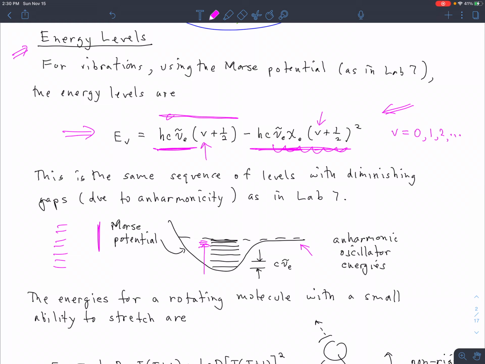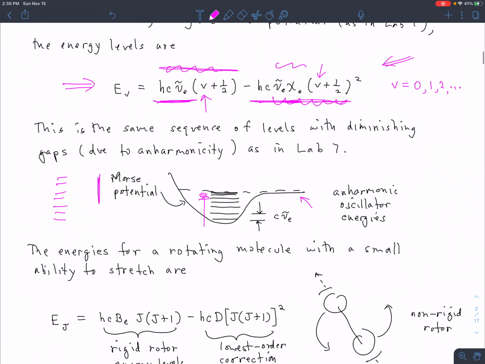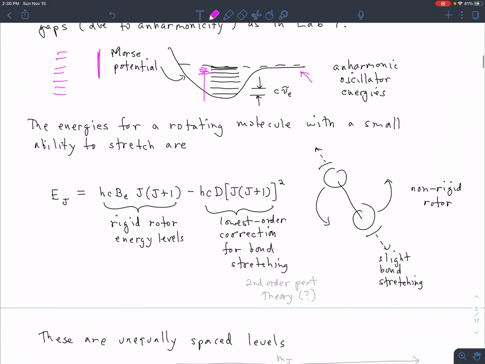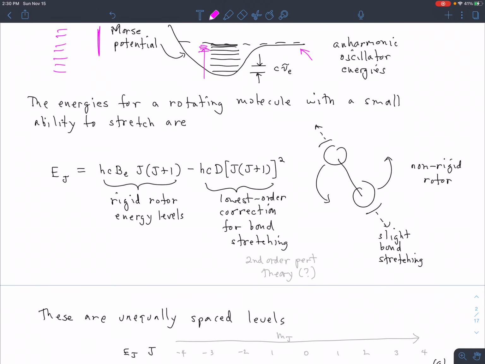So we've got a harmonic term and an anharmonic term for the vibrations alone. And notice there are parameters that we're going to want to be able to get for both of those, just like last time. What's new this time is that we also have rotational energy levels. Here's the energy spectrum for that.